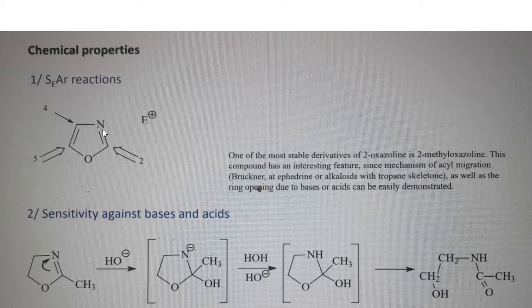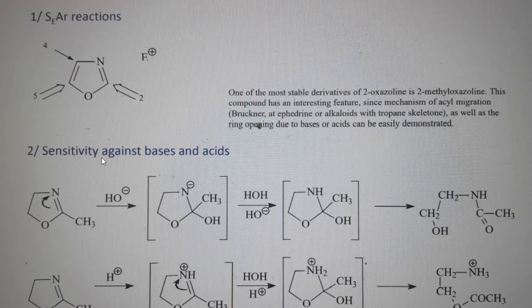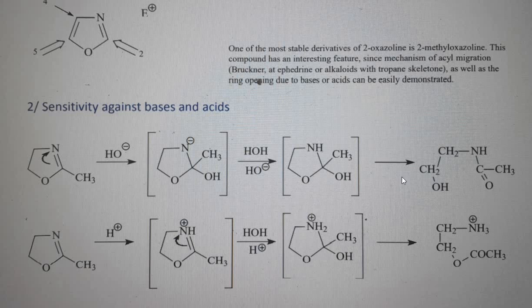Chemical properties: you can see you have here 5th, 4th, like this. One of the most stable derivatives of 2-oxazoline is 2-methyl-oxazoline, and this compound has an interesting feature. See how it is opening to different products.